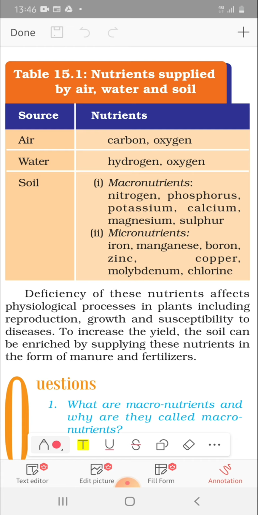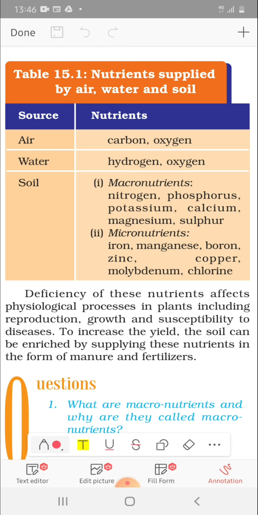Nitrogen, phosphorus, potassium, calcium, magnesium and sulfur. Micronutrients, which are required in small amounts, are iron, manganese, boron, zinc, copper, molybdenum and chlorine. So, macronutrients are required more in amount and micronutrients less in amount.